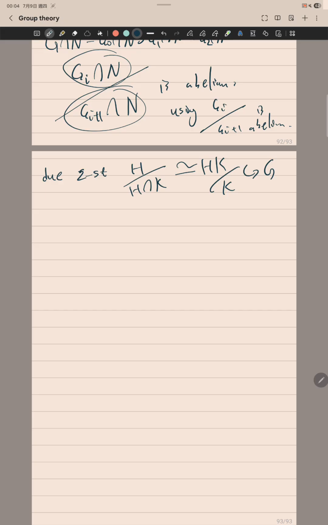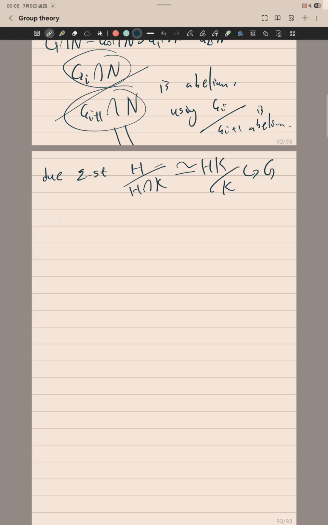We recall this result: if you have subgroups H and K satisfying this property, then H quotient H intersection K is isomorphic to HK quotient K. To compare with this one, you need to guess what's a good K and what's a good H.